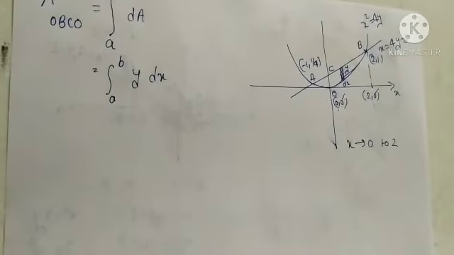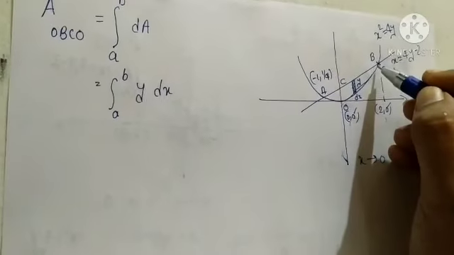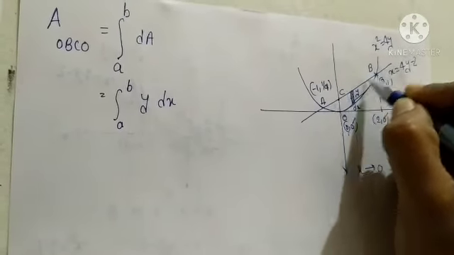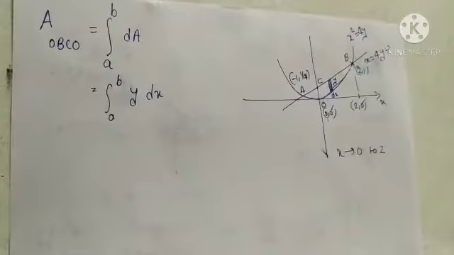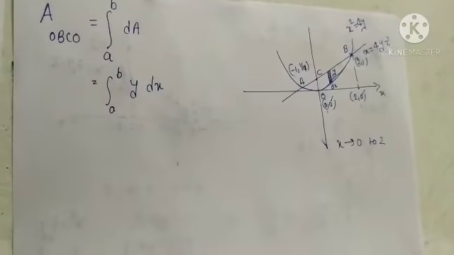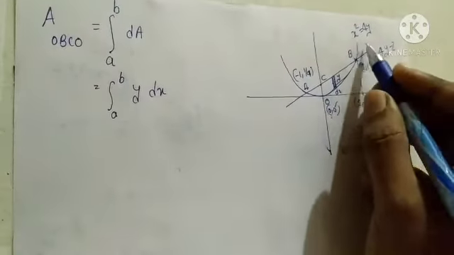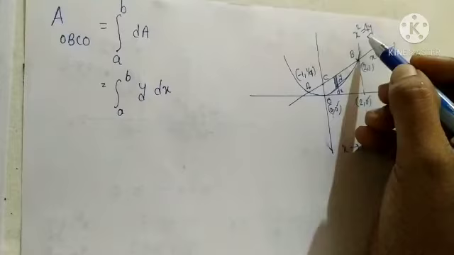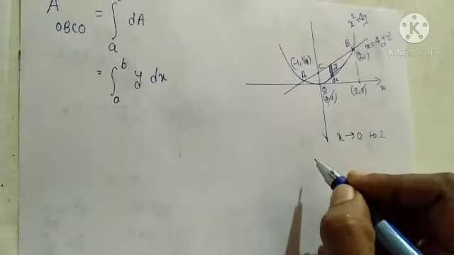And here also this portion of area contains two curves. The first curve is our straight line and the second curve is our parabola. And here also we need to convert this straight line equation and parabola equation in terms of x, y as a function of x.